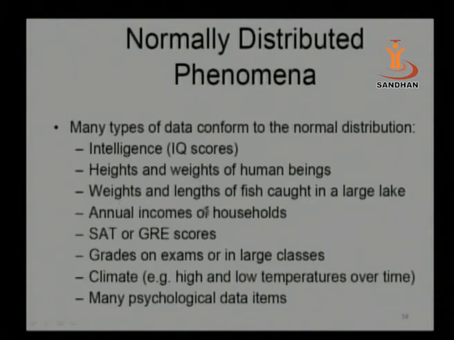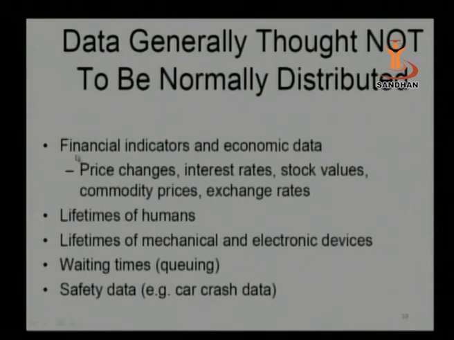The weight and length of fish caught in a large lake or in a sea will also follow the normal distribution. Annual incomes of households, SAT or GRE scores, grades in exams in large classes, climate and many physiological data will follow the normal distribution.